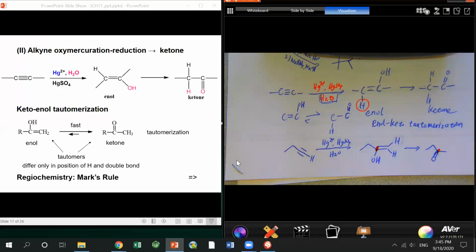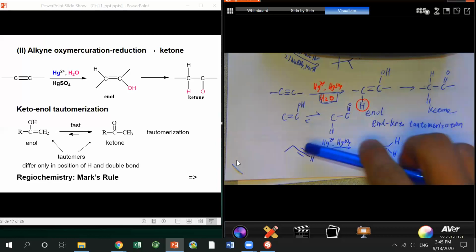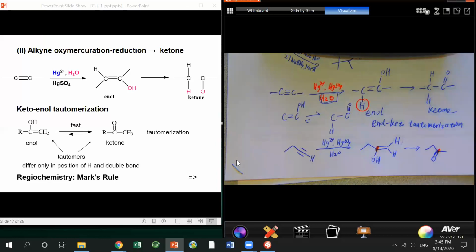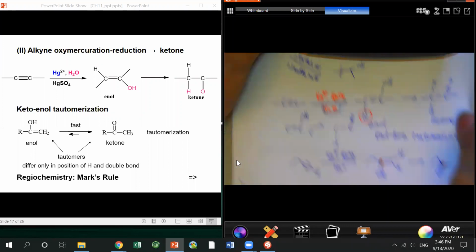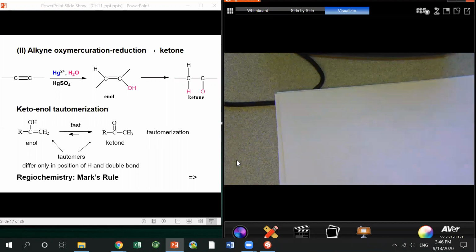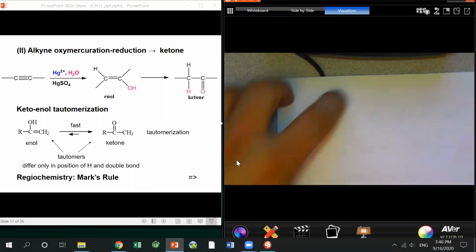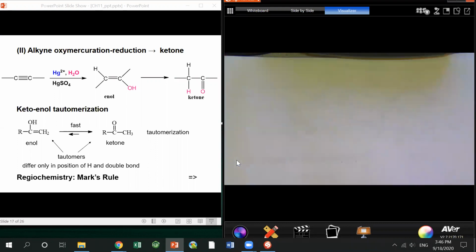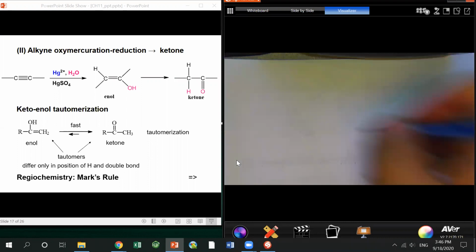So that's for the terminal alkyne. For the internal alkyne, it's much easier; you just draw the ketone.